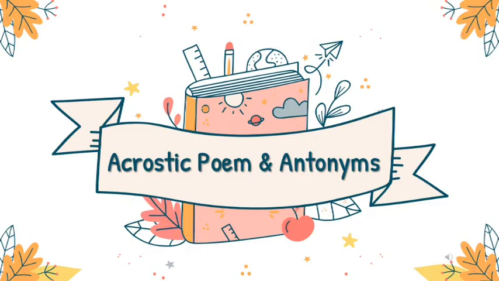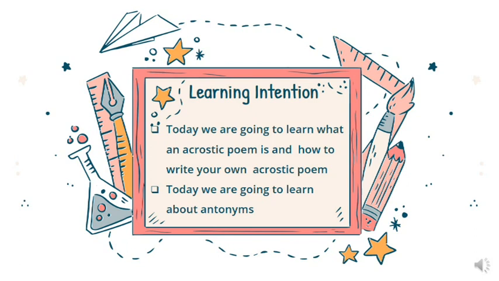Students, here you can see what we are going to learn today. Yes, we are going to learn about acrostic poem and antonym. First of all, I'm going to share the learning intention and success criteria of today's lesson. Learning intention.